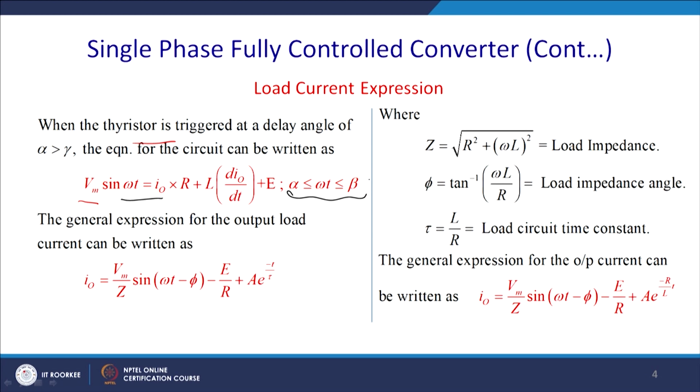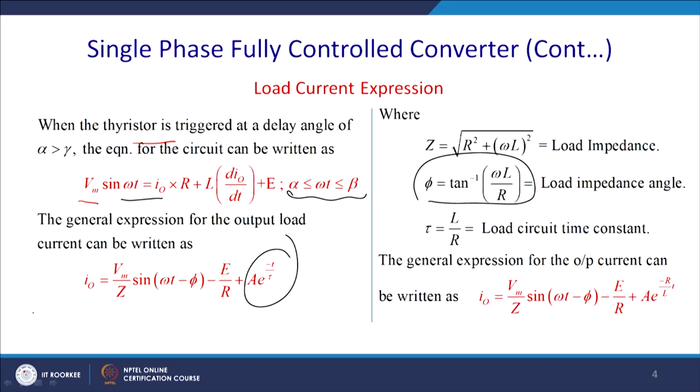Now, in general expressions for the output, you can solve this differential equation, and you can find that the load current will be Vm by Z sin omega t minus phi. We have discussed phi in the previous class, where tan phi equals omega L by R. Then plus E by R plus a term A e to the power minus t by tau, where tau is the electrical time constant of the system.